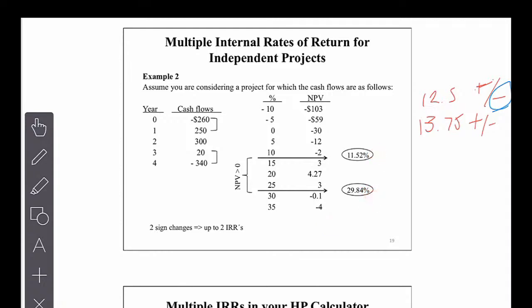Now, in this case, we were able to get this one precisely, so give it to me. This one not so precisely, but you know it's between 25 and 30. So try something in between. So put 22.5. Sorry, 27.5.